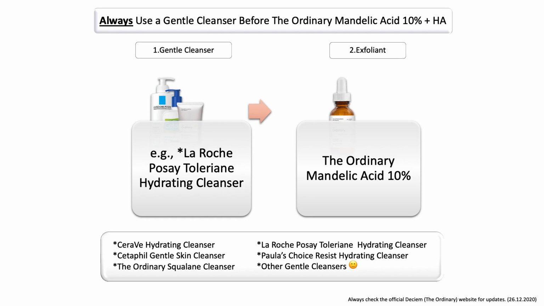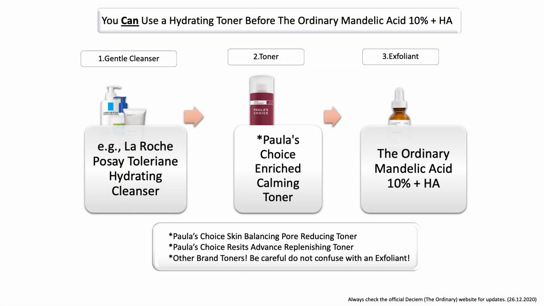Then also it is important that you can also use a very hydrating and soothing toner when using mandelic acid. Now, as of today, The Ordinary does not have a hydrating and soothing toner in the sense of without exfoliating acids in it. So therefore, I want to give you an example with, for example, the Paula's Choice Enriched Calming Toner. This one is very gentle, soothing, hydrating, and refreshing on the skin.